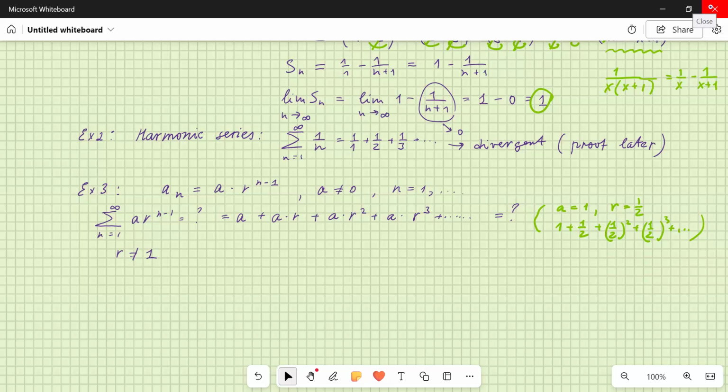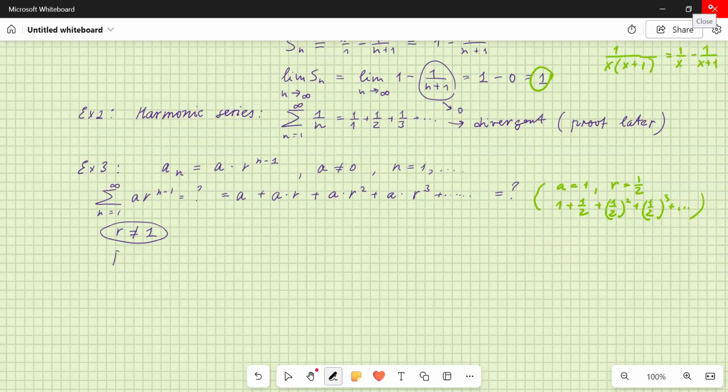That's like n a, the sum of n numbers, the result will go to infinity. So that's why we are going to exclude the case r equals 1. So we are going to imagine that r is not equal to 1, and maybe also not equal to negative 1. For negative 1, we are going to talk a little bit later.